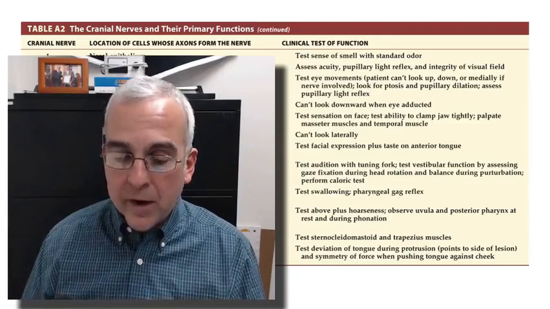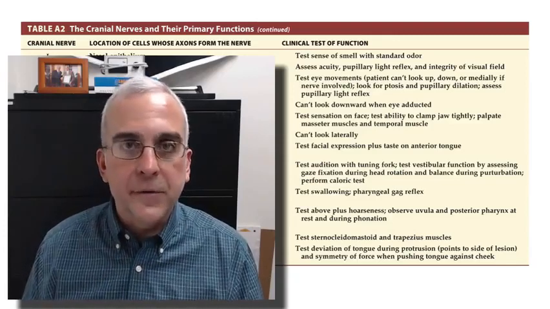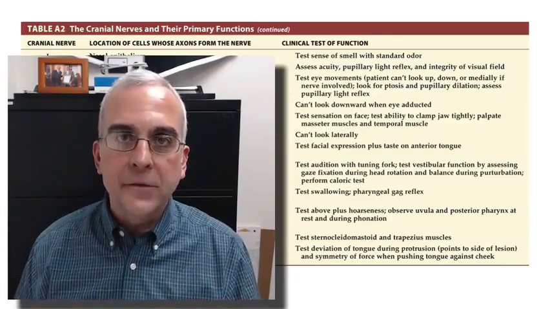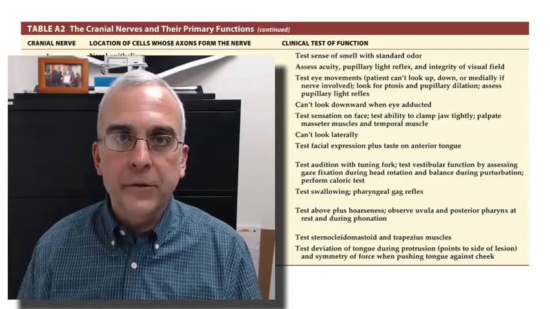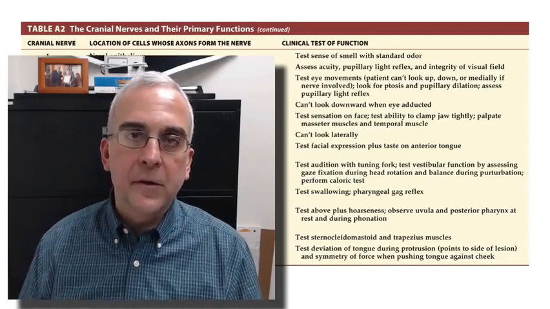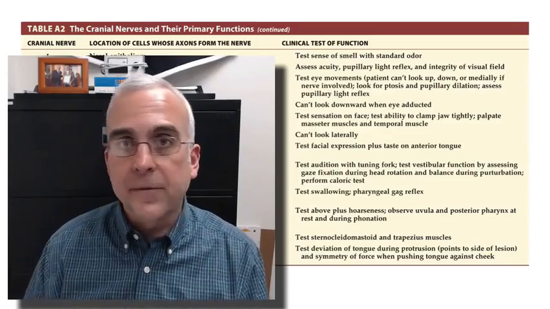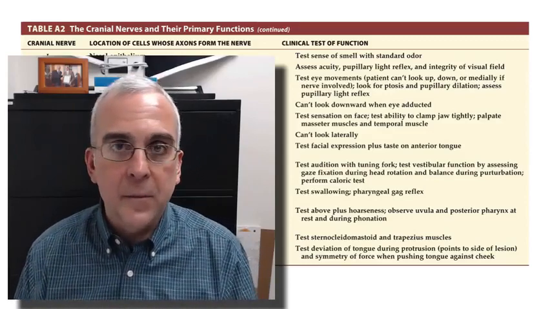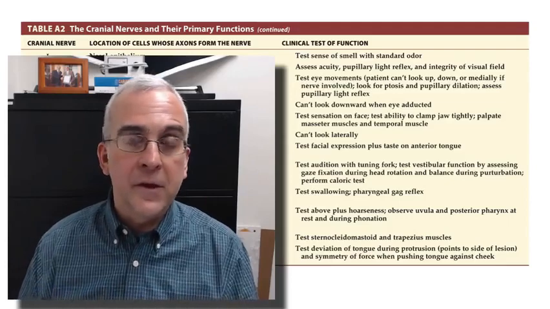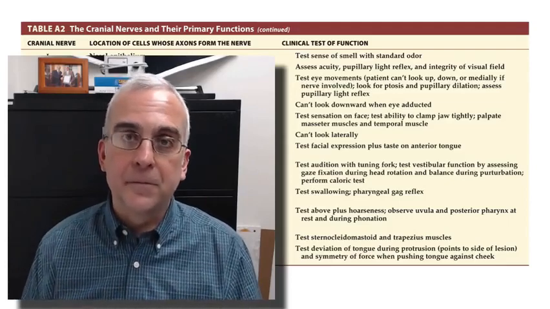They don't really require any special equipment, and if you just think about the actions of our muscle systems and the activities of our sensory systems, I think you can very readily figure out how a clinician might go about testing the integrity and the function of each of these cranial nerves.